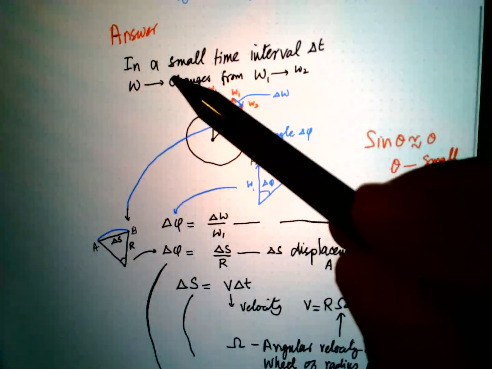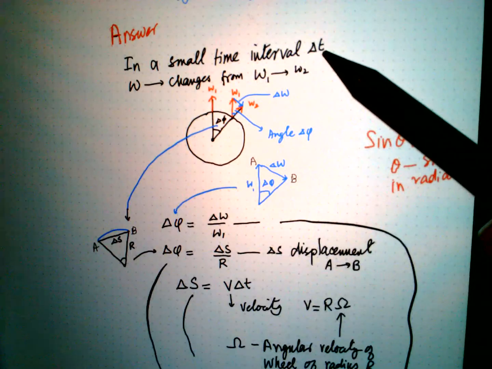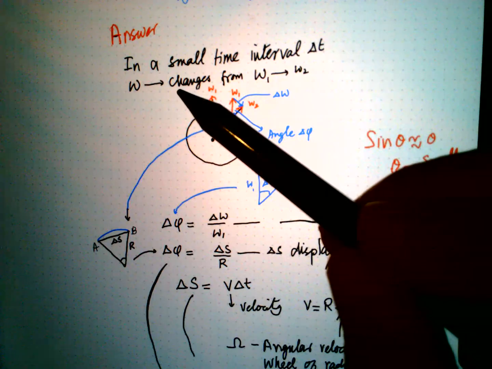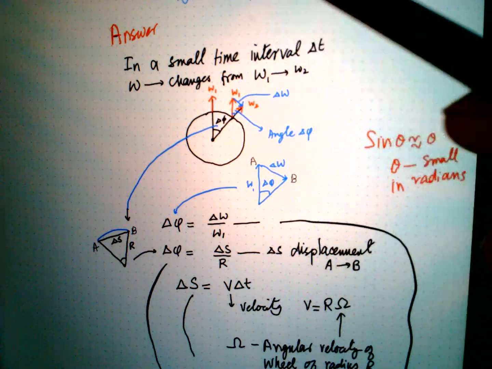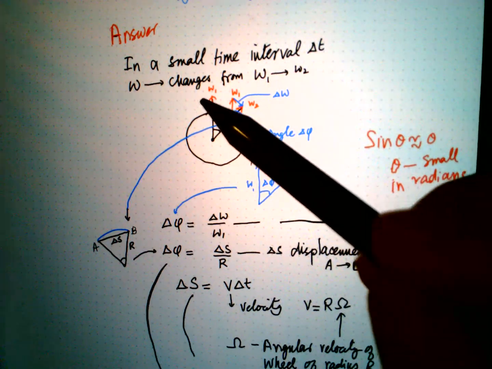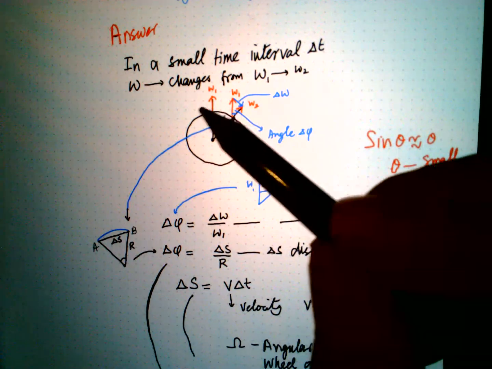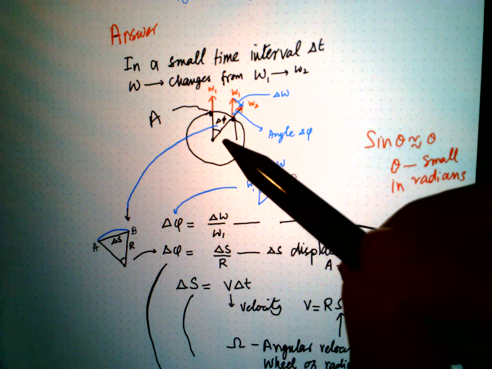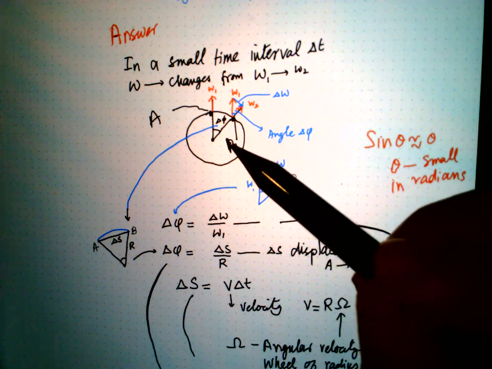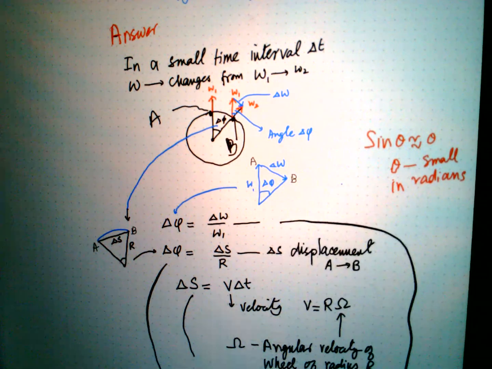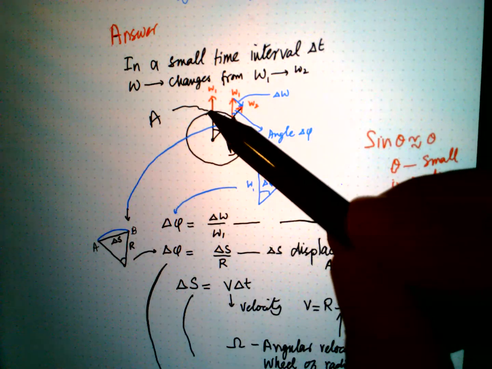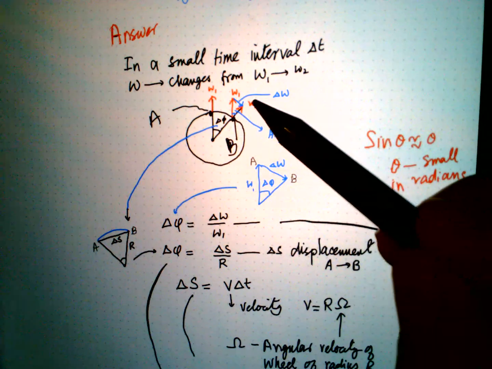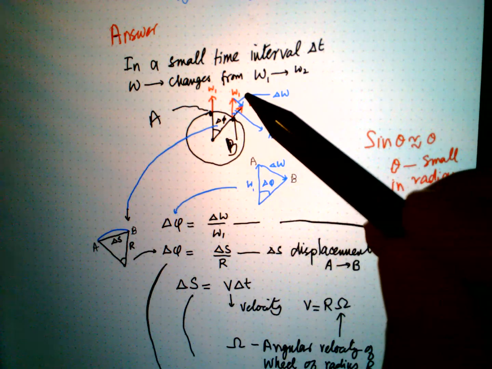The answer: in a small interval delta t, the angular velocity changes from A to B. So this is point A and this is point B. It is omega 1 and this is omega 1 plus delta omega.